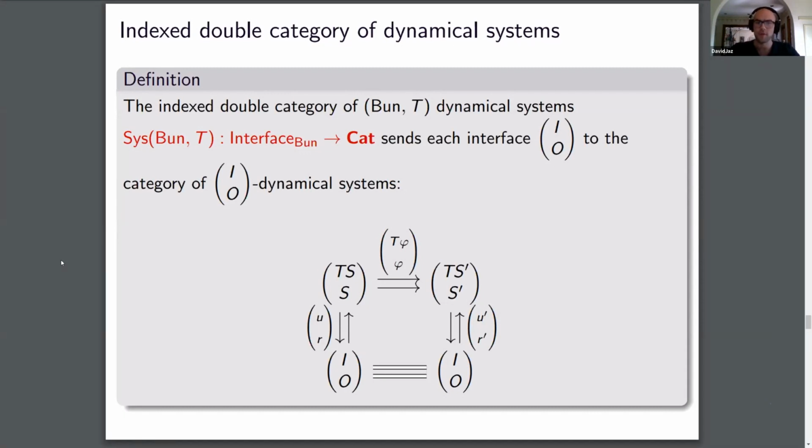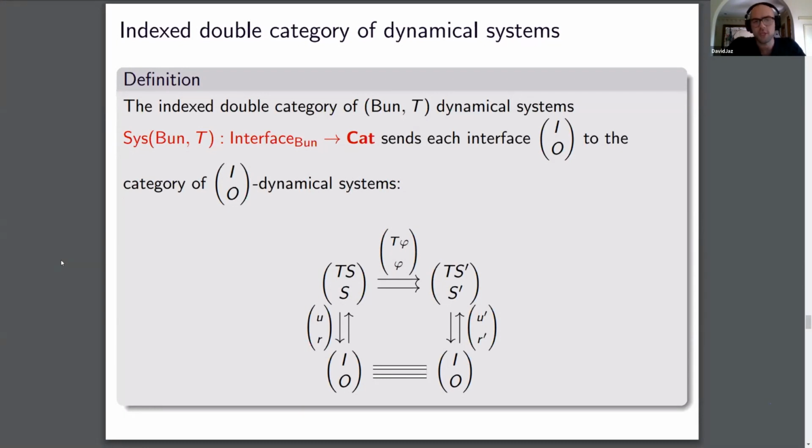And to every lens, it associates the compose with a lens functor, which tells us how to glue together dynamical systems. And to every bundle map, which would go horizontally in a square that looks a lot like the one drawn on the page, it associates all the maps that fit into that square up top. All the maps on states that fit into that square.